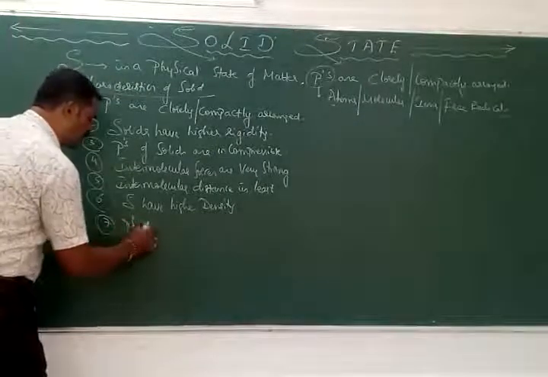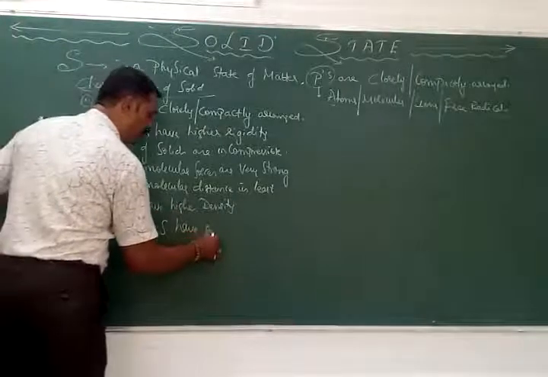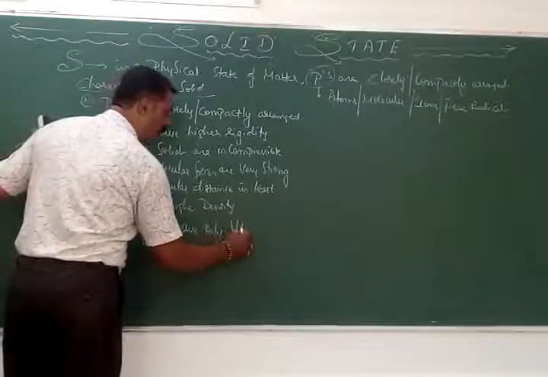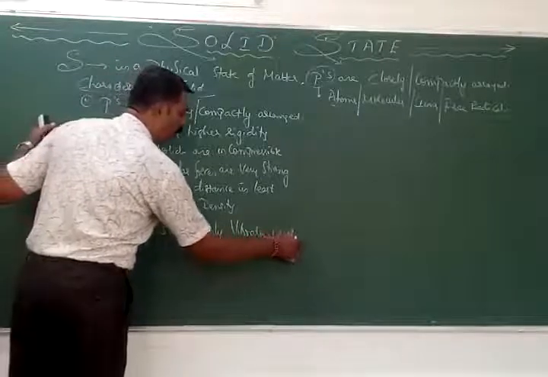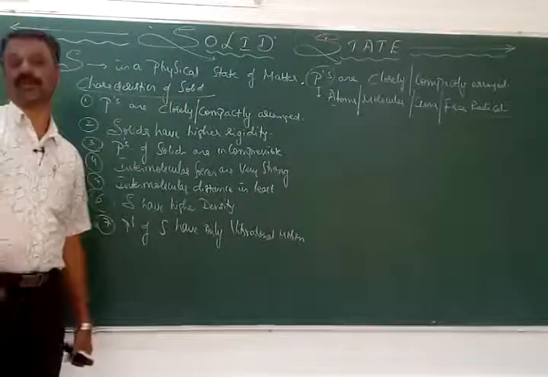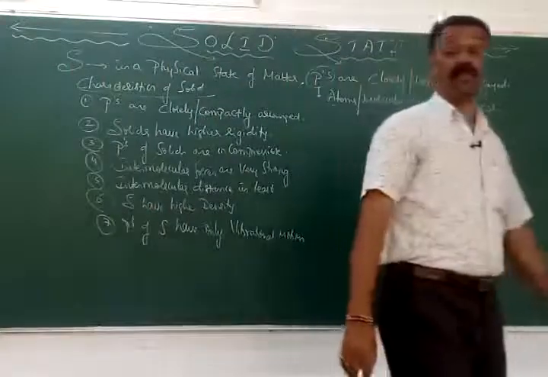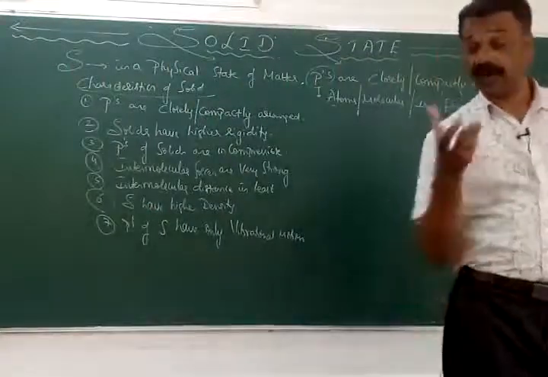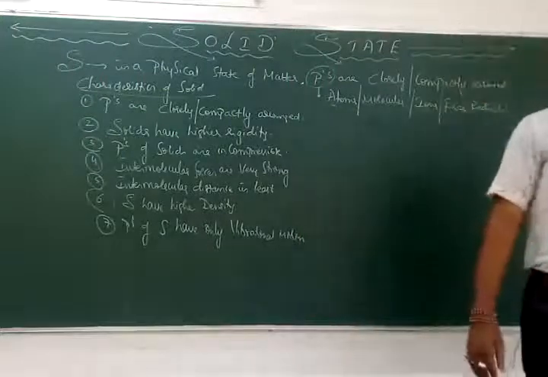The particles of solids have only vibrational motion at the mean positions, or the fixed positions. Usually, we have three different types of motion for a chemical substance: rotational motion, translational motion, and vibrational motion.